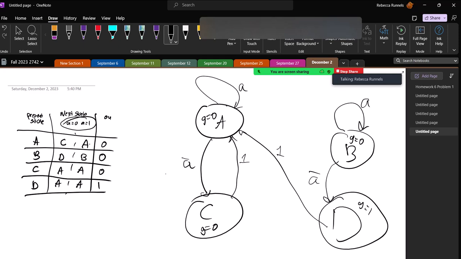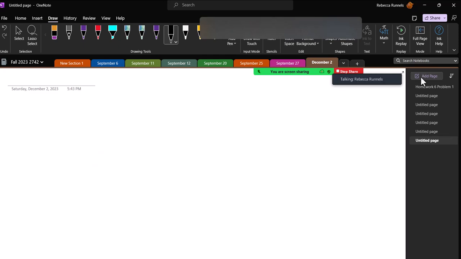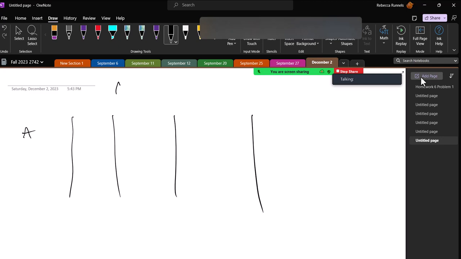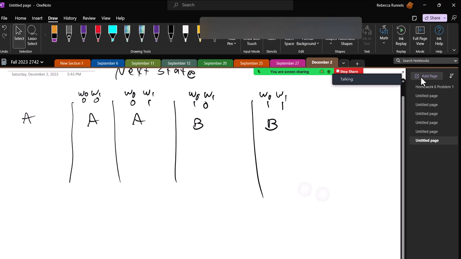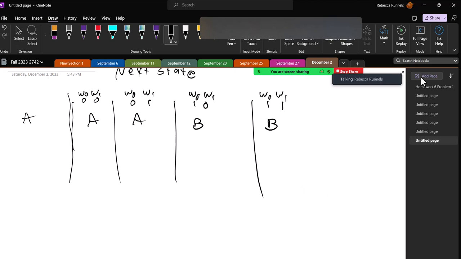So let me show you another, since you asked. Let's say that I had a fancy table like this. Let's say that I had 2 inputs, W0 and W1, and this is just part of a bigger state table.